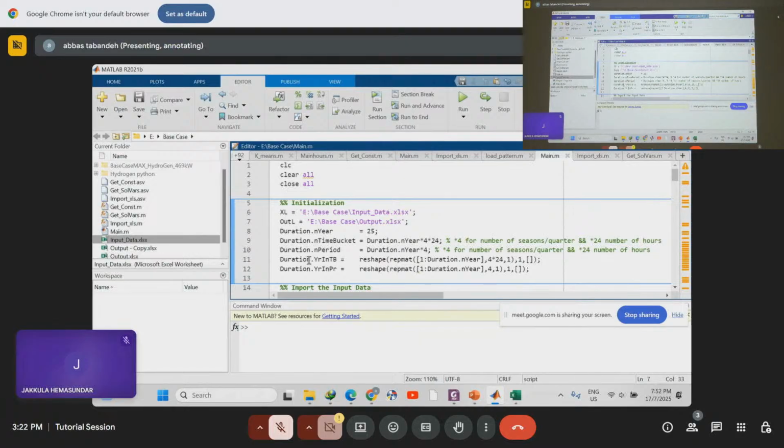And in this coding, we have used this to show that, for example, each time bucket is related to each year.